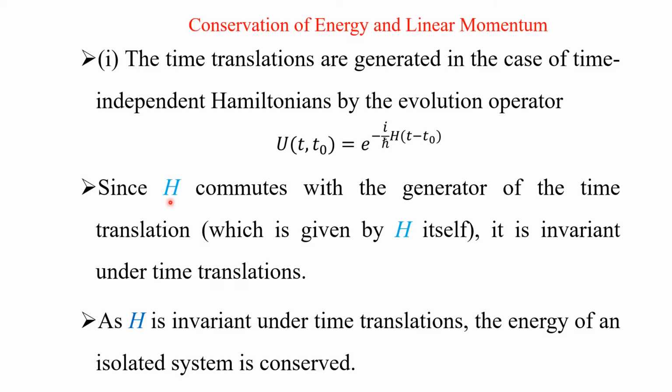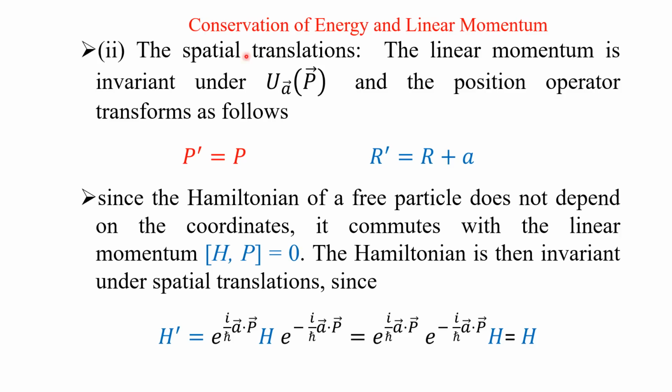Since you know very well, H commutes with the generator of time translation. Here the generator is H over h cross, which is given by H itself in this case. So it is invariant under time translation. Just now we have seen it. As H is invariant under time translation, the energy of the isolated system is conserved. That is one important point.